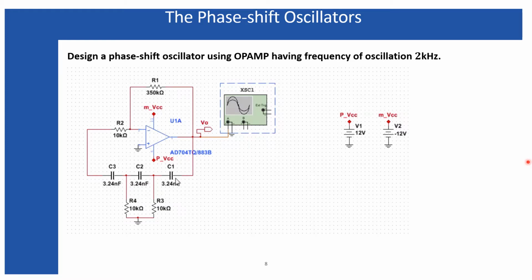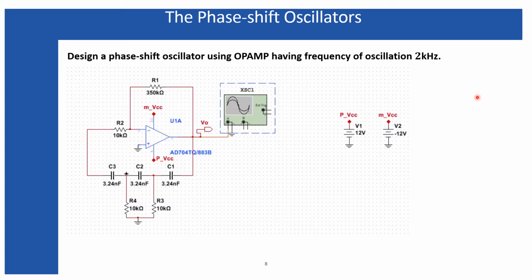You can see on the right hand side diagram, each of these three resistors are connected over here. That means one 10 kilo ohm resistance is connected over here, another directly from this terminal to the ground, and R1 resistance is connected over here and R2 is connected over here.